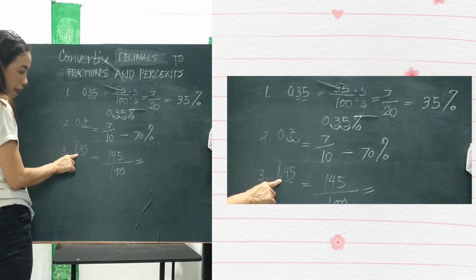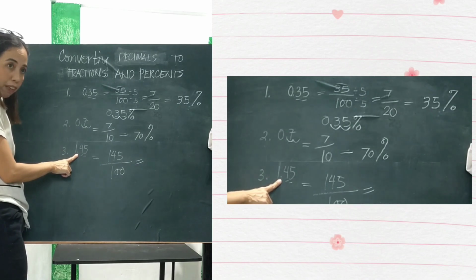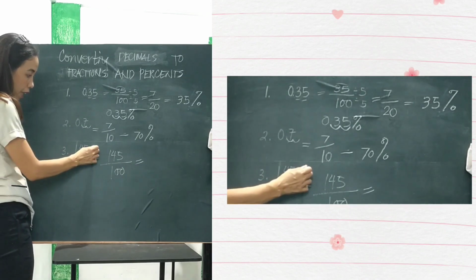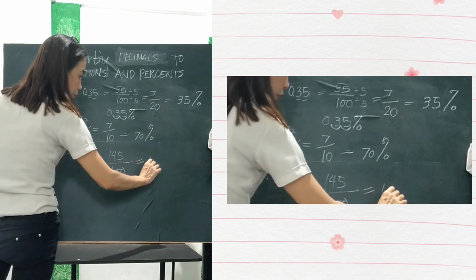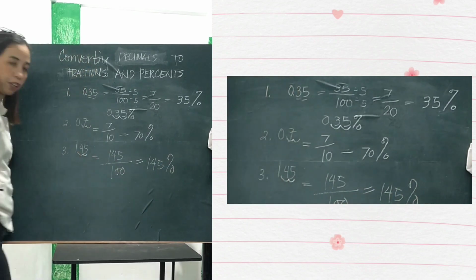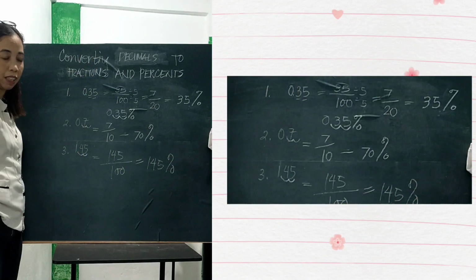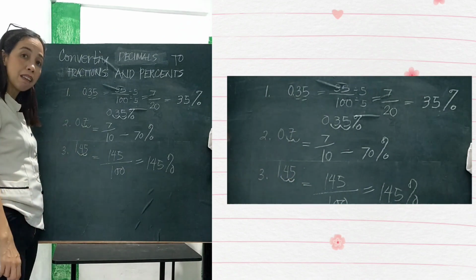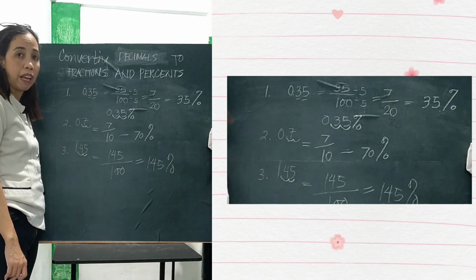We just move the decimal point 2 places to the right, which is 1, 2, and put a percent symbol. The answer is 145%. So that is how we convert decimals to fractions and percents.